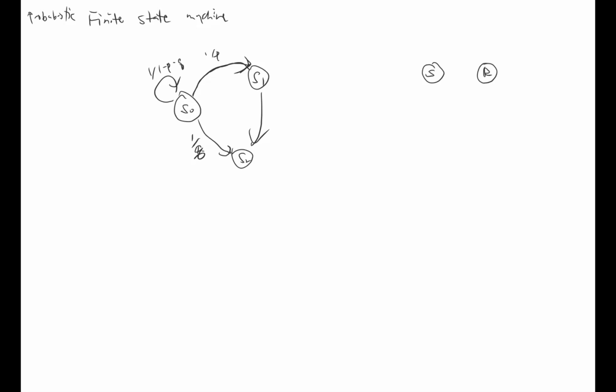There's no input, but there is a probabilistic transition from a sunny day to a rainy day, or staying sunny. I think it's 95% stay sunny and 0.05 become rainy. I remember numbers like that. And then for rainy, there's a 20% chance of staying rainy and an 80% chance of becoming sunny. Something like this.